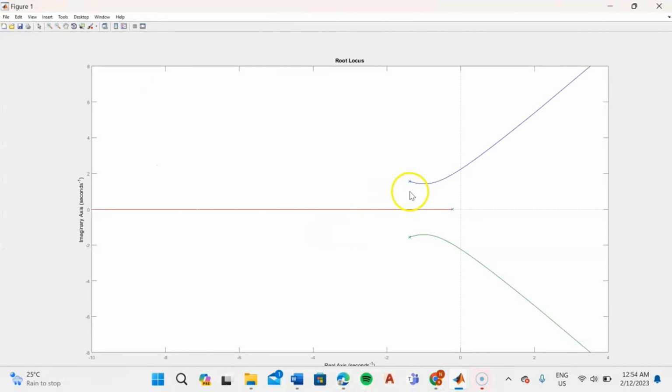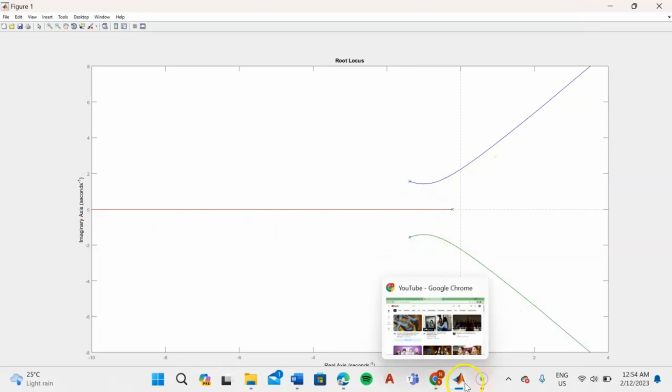So in here we can see for the results we got 3 poles, which is 1, 2, 3, and then non-zeros, and then we got 3 infinite zeros, which is the blue line, red line, and then the green line.